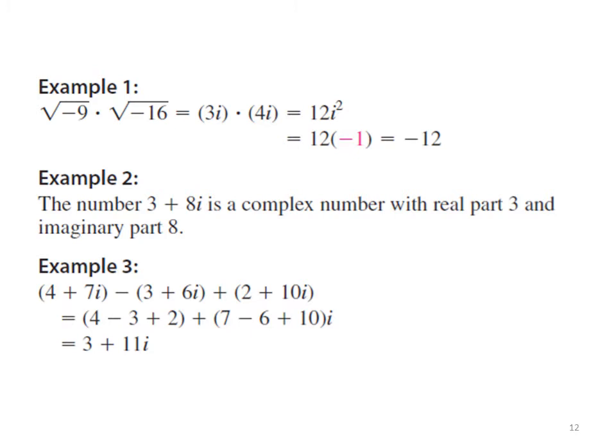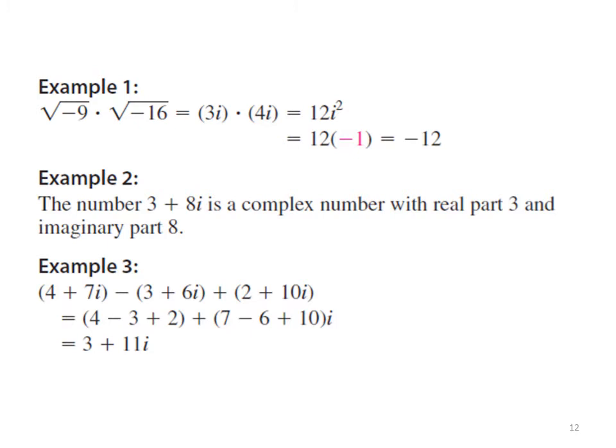Now when you multiply these two numbers, multiply the real parts. 3 times 4 is just 12, and i times i is just i squared. And remember, i squared is equal to -1, so you end up with 12 times -1, which is -12. So the product of these two complex numbers is the number -12.